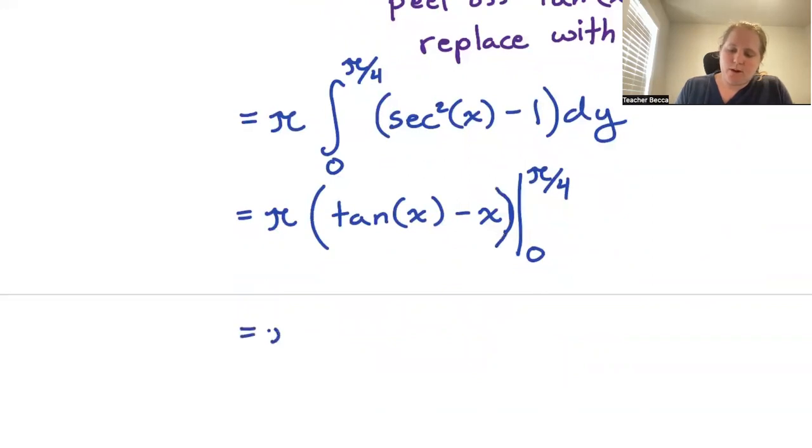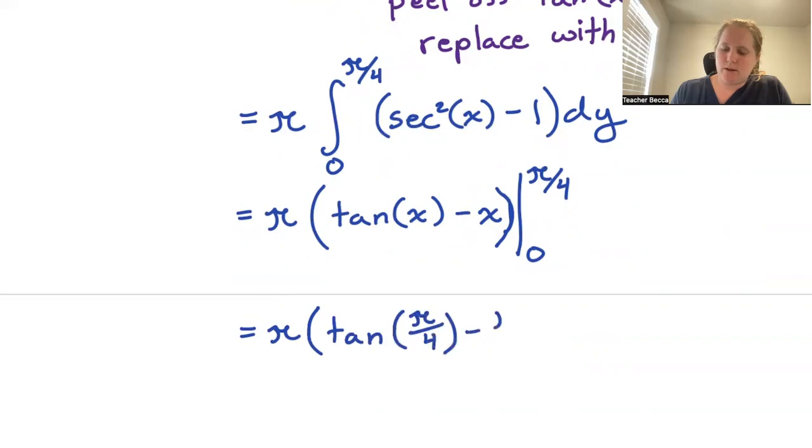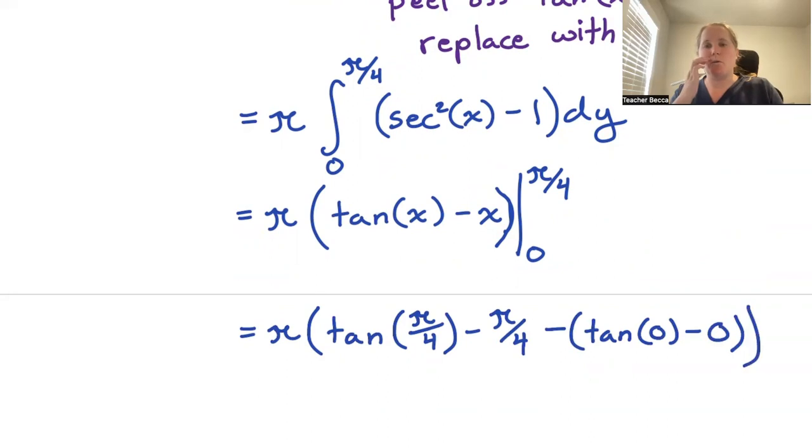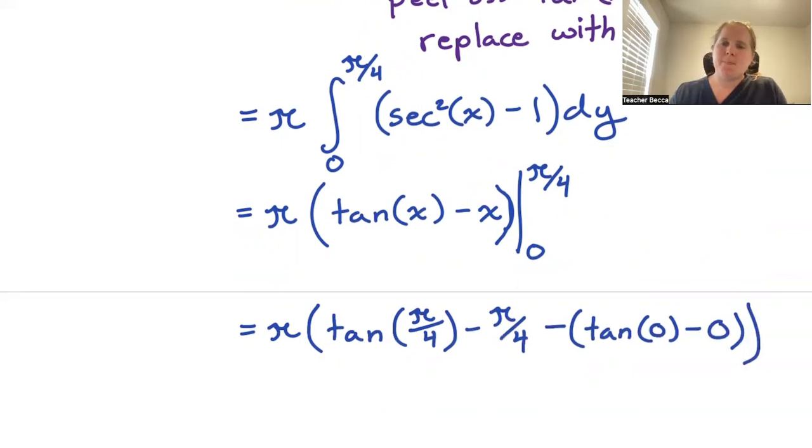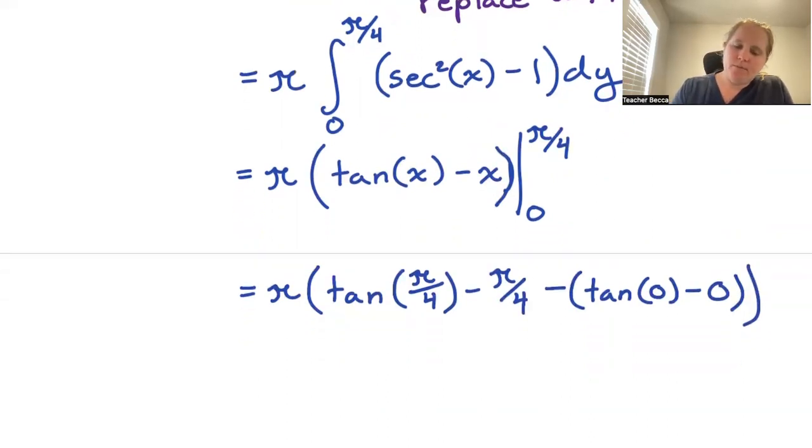So this becomes pi times tangent of pi over 4 minus pi over 4, and then subtracting off tangent of 0 minus 0, all of that being multiplied by the pi out front. Tangent of 0 is just sine of 0 over cosine.